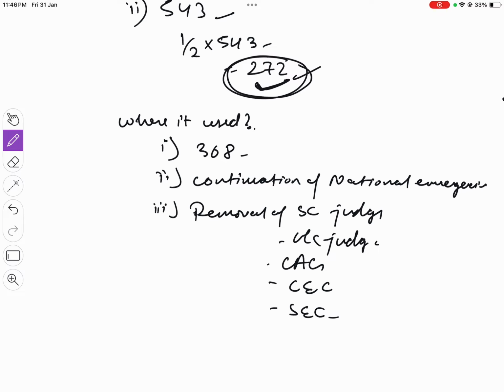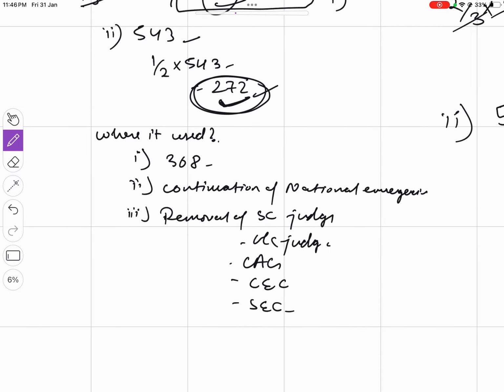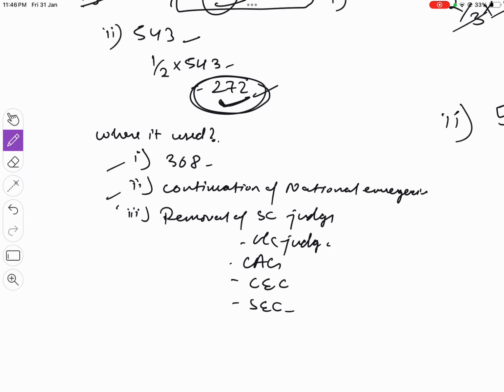So in these cases, these have to be passed through special majority type 2.